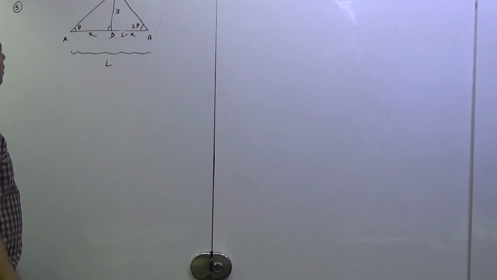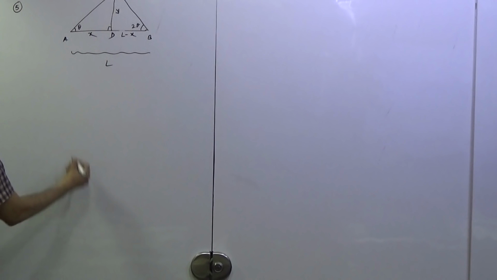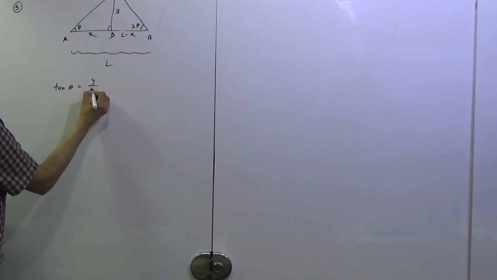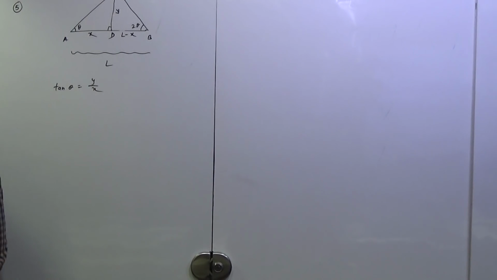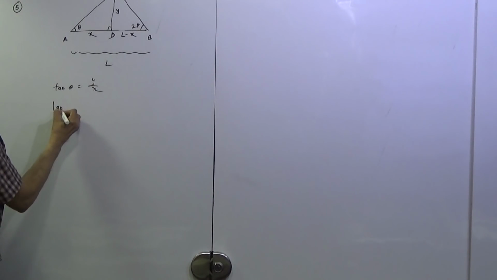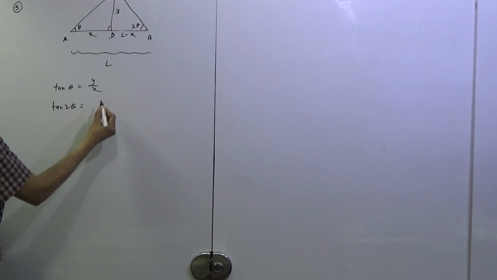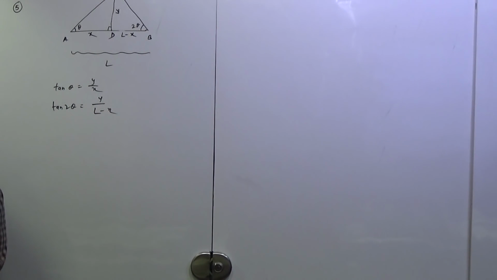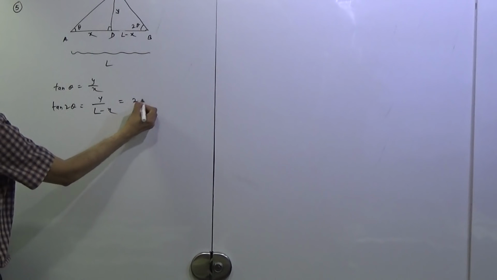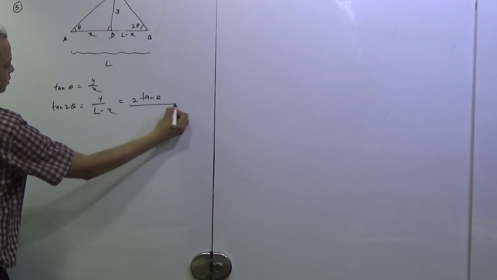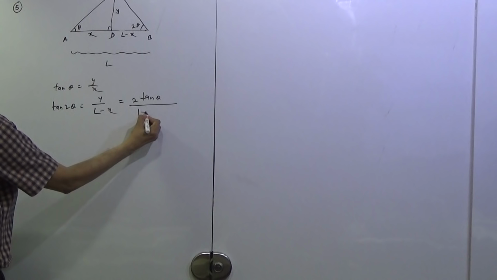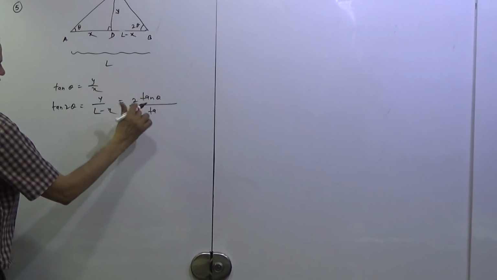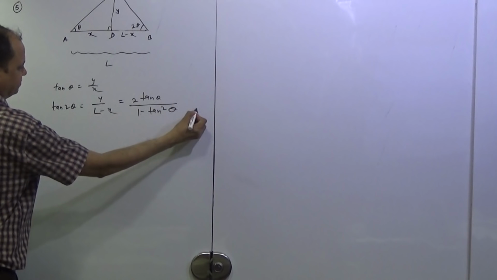Okay? Now, what would be tan theta? y by x. Am I right? Yes, sir. And what would be tan 2 theta? y by L minus x. And tan 2 theta, I can write as 2 tan theta upon 1 minus tan square theta.